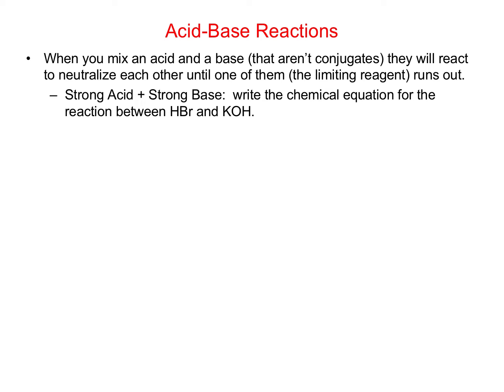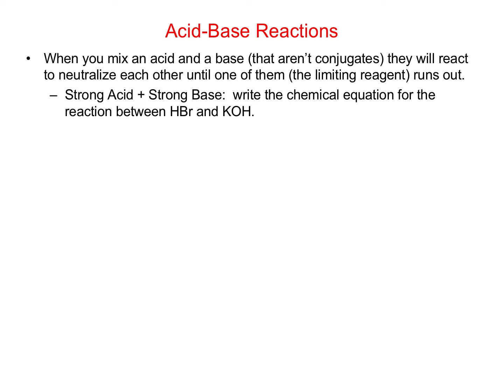We know that HBr is a strong acid, so it's going to completely ionize in solution. Whatever HBr we started with is going to be converted into bromide ions and hydronium ions. So the thing that we really have that's going to be reacting with the base is not HBr, but really the H3O+ that the HBr becomes when it ionizes.